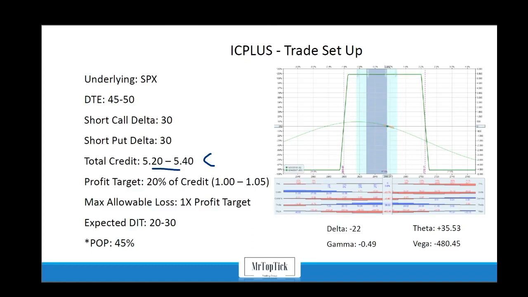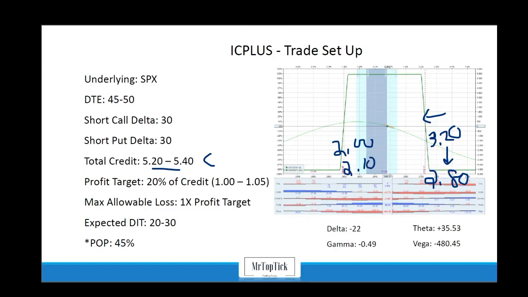But sometimes, after putting this trade on, we see the market go down just a little bit over the first couple of days, and the credit received for the bear call spread drops from 320 to 280, and the puts go from about $2 to maybe 210.